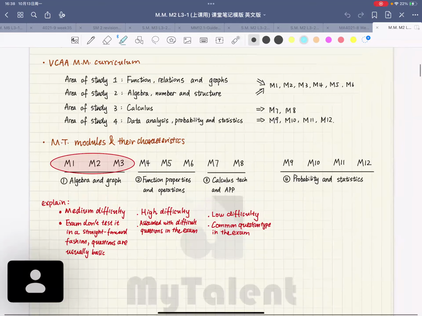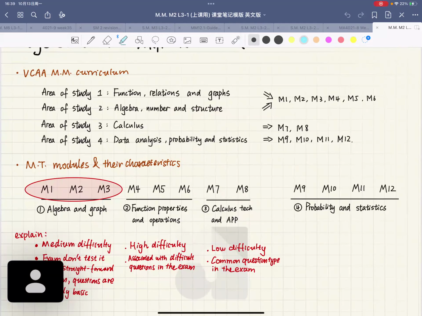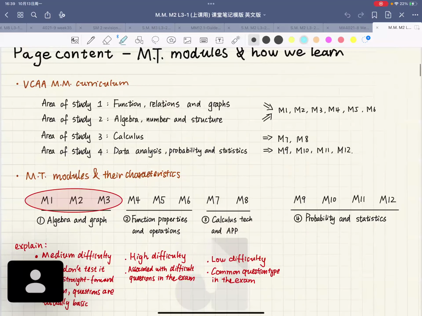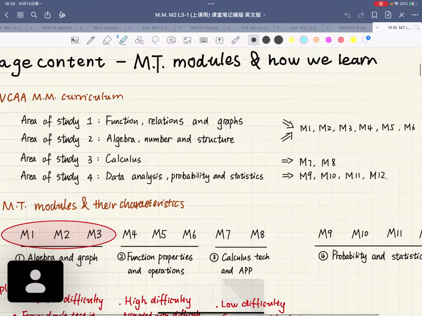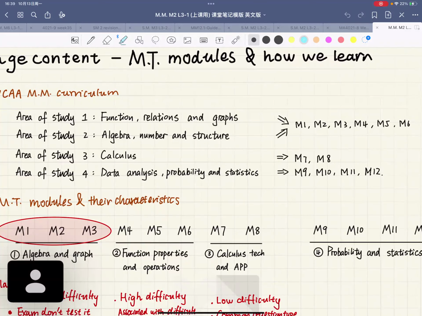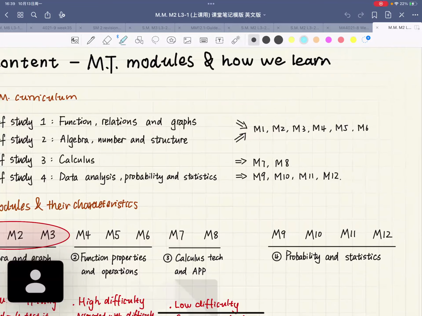The next thing I want to explain is the VCAA Maths Methods curriculum. There are 4 areas of study in total. Area 1 is functions, relations, and graphs. Area 2 is algebra, number, and structure. We combine all the topics in areas of study 1 and 2 into 6 modules, corresponding to modules 1 to 6.